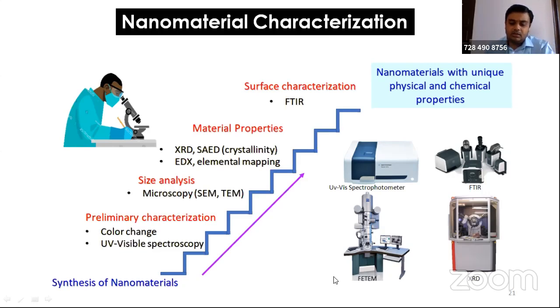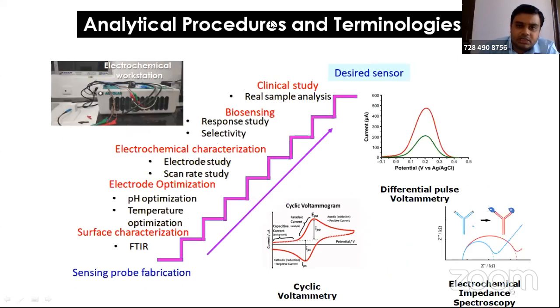This is the general information on nanomaterial characterization, and these are the analytical procedures and terminologies. Whenever we develop a sensor comprising a nanomaterial, that is called probe fabrication, and after this process we go for the characterization. The characterization means checking whether the sensor has been developed correctly or not, incorporating the bioreceptor and nanomaterial.